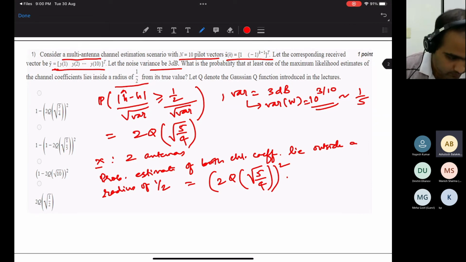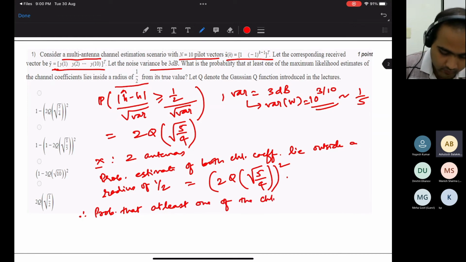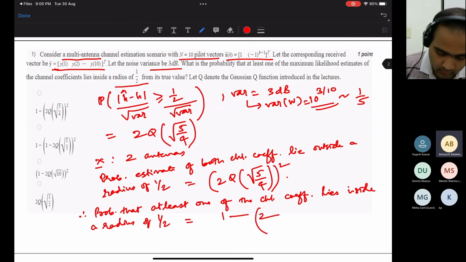So the probability that at least one of the channel coefficients lies inside the radius of half is 1 minus 5 by 4 squared.